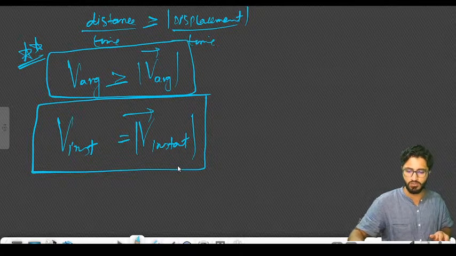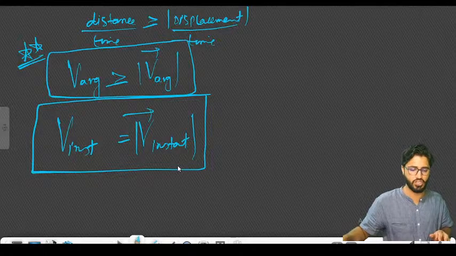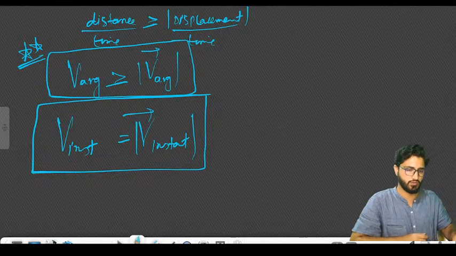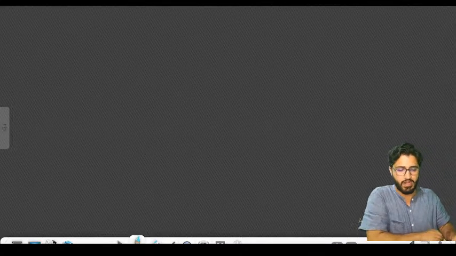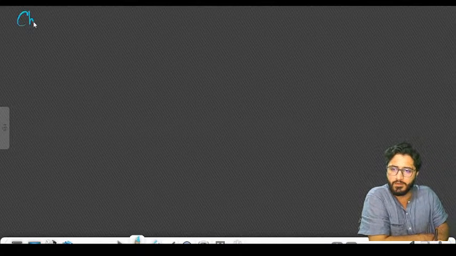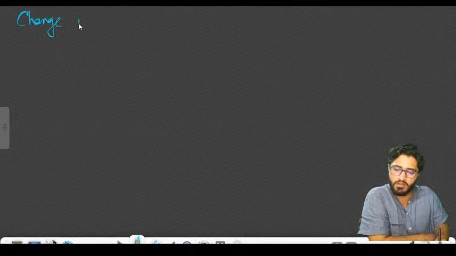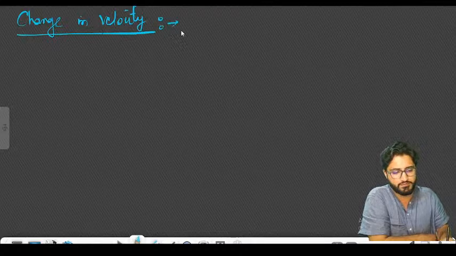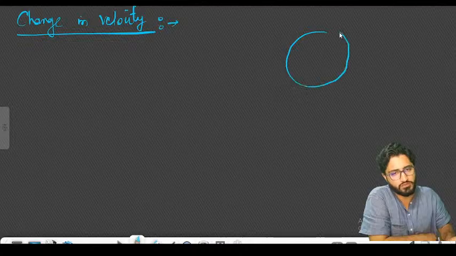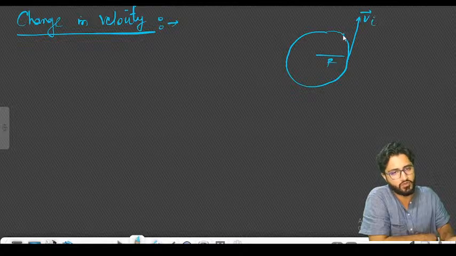So now let us do change in velocity topic. We're having some time left, right? Change in velocity. Suppose we are doing a circular motion with radius r. Particle is going with initial velocity vi, and here it is going with velocity v final.